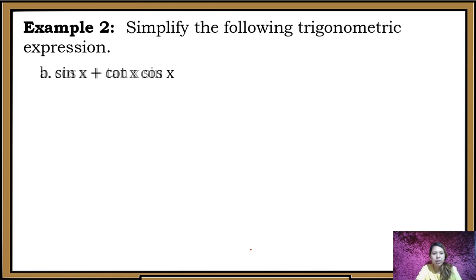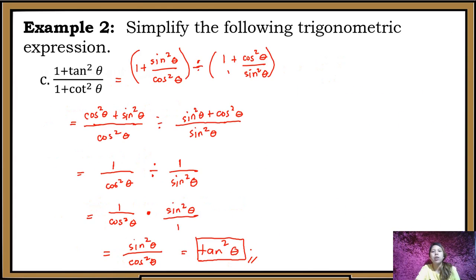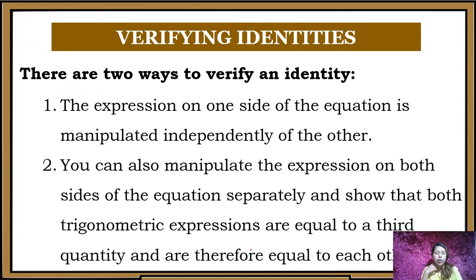So let's have here the verification of trigonometric identities. There are two ways to verify an identity. You can express one side of the equation and manipulate it independently to make it the same as the other side. Let's say you are going to manipulate the right side, make sure you manipulate it until it looks exactly like the left side.